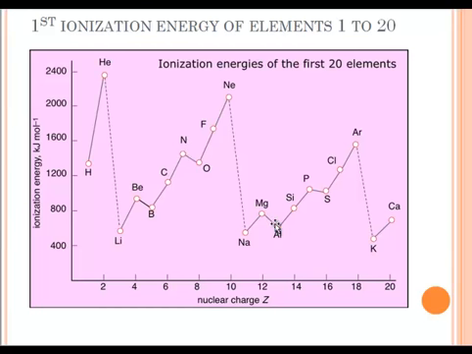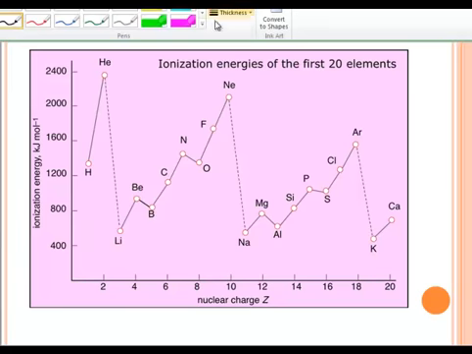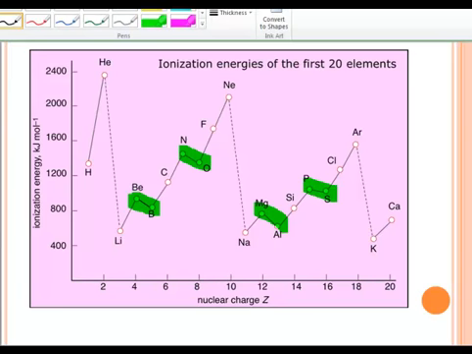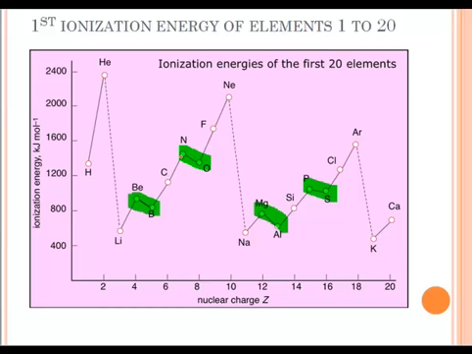So you can see right here the general trend is increasing first ionization energy across the period, and also decreasing first ionization energy down the same family or same column, family or groups. But what I want to emphasize are those two places, where the trend is kind of reversed.